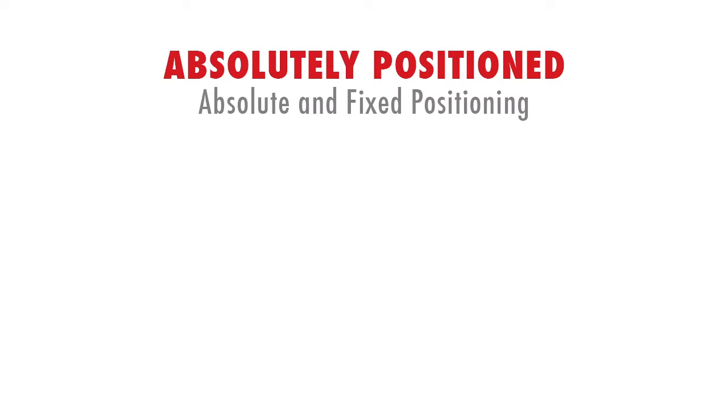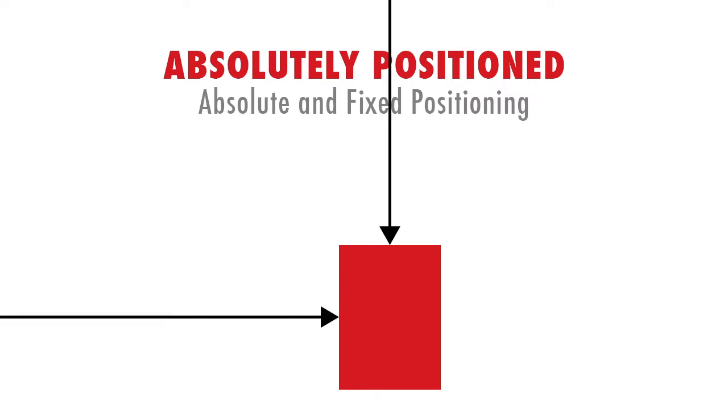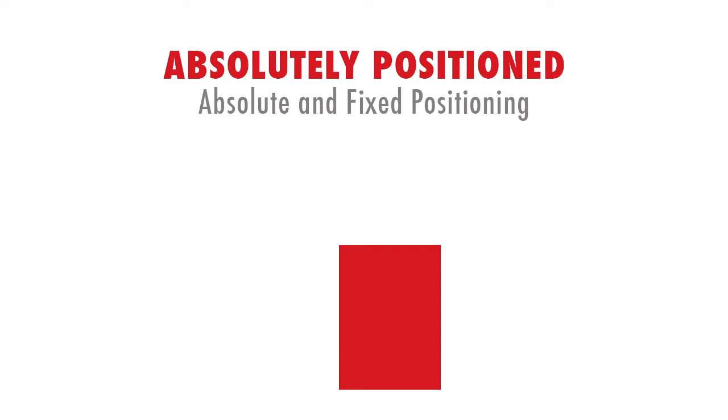And then the third type of positioning is called absolutely positioned elements. And there are two types of this. There is absolute and there is fixed. Absolute means that it's relative to the container it's inside of, and fixed means it's going to be relative to the browser window. It's a really powerful way to position things, because you can say, I want this to be exactly there.